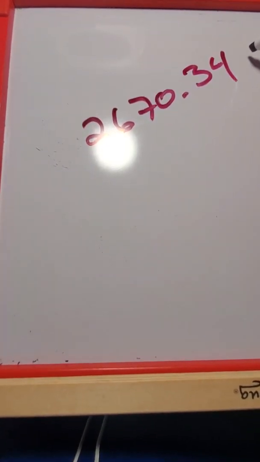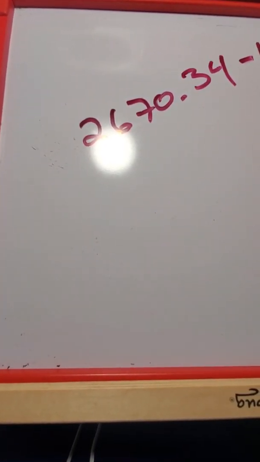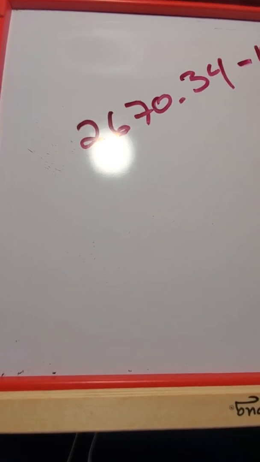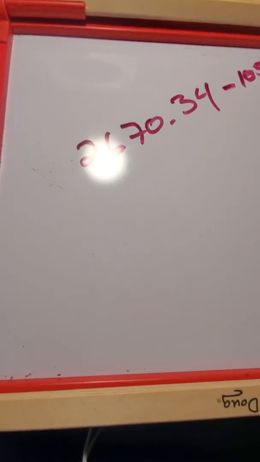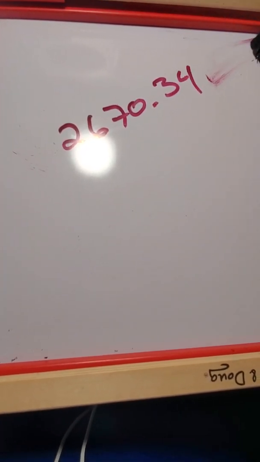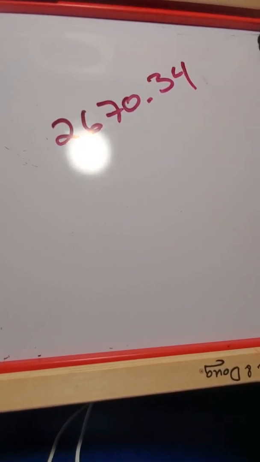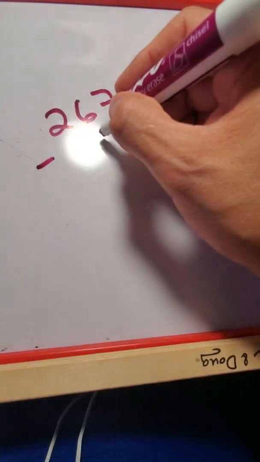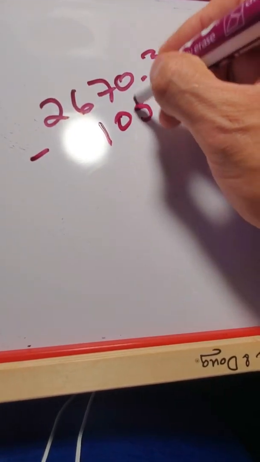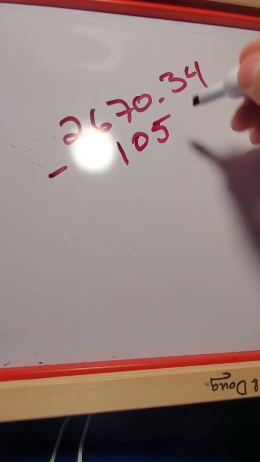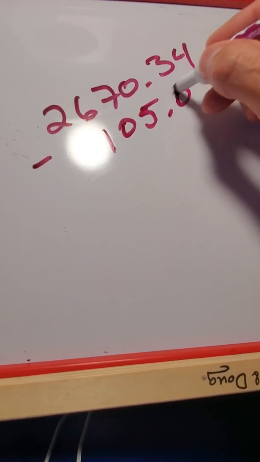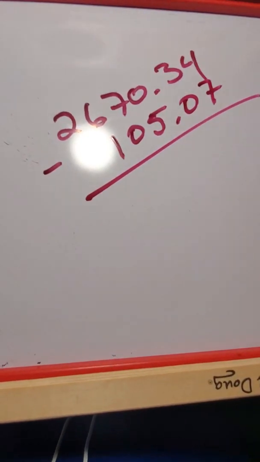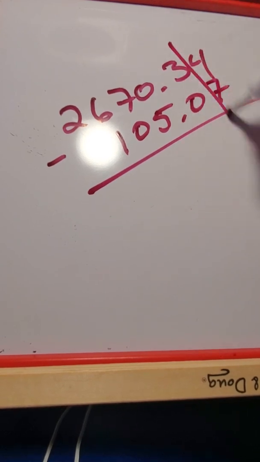From this example, you are going to have to subtract 105 and 7 cents. So I am going to rewrite it and align it in order to make my difference, in order to do my subtraction. Be very careful with your place values, because if not, you are going to have a wrong answer.